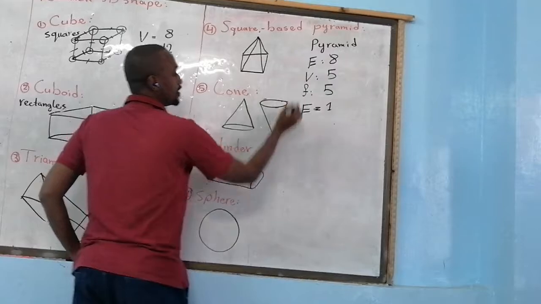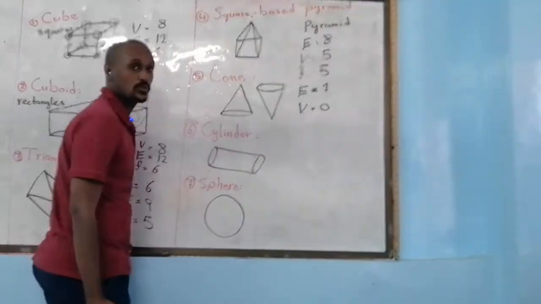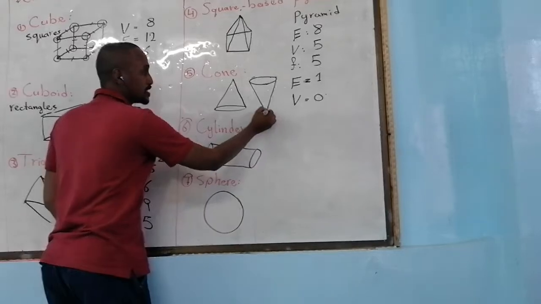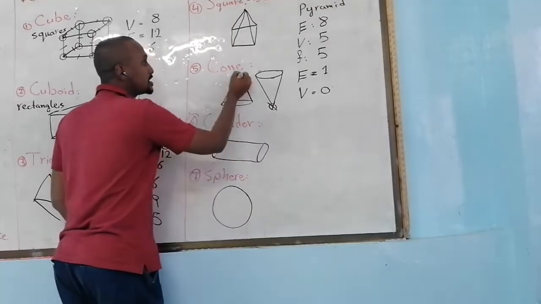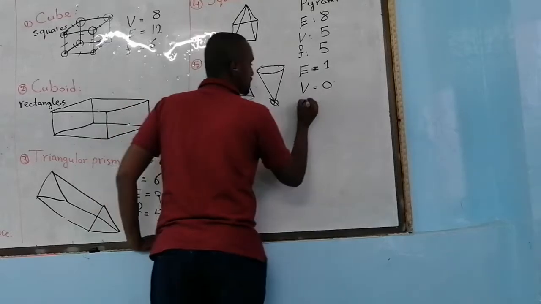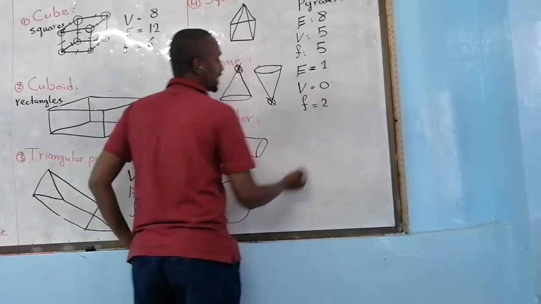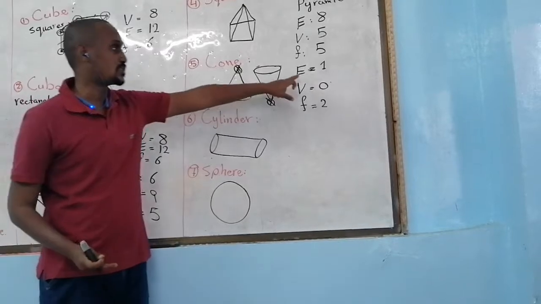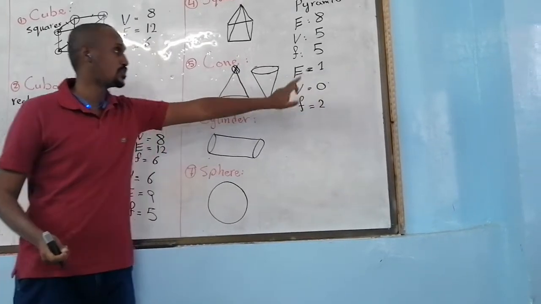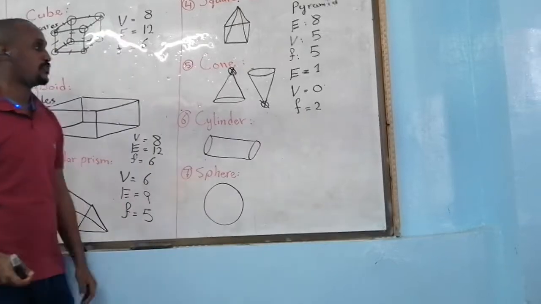How many vertices? It doesn't have any vertices. 0 vertices. The last one, faces. It has 2 faces. Try to memorize it: 1 edge, 0 vertices, and 2 faces.